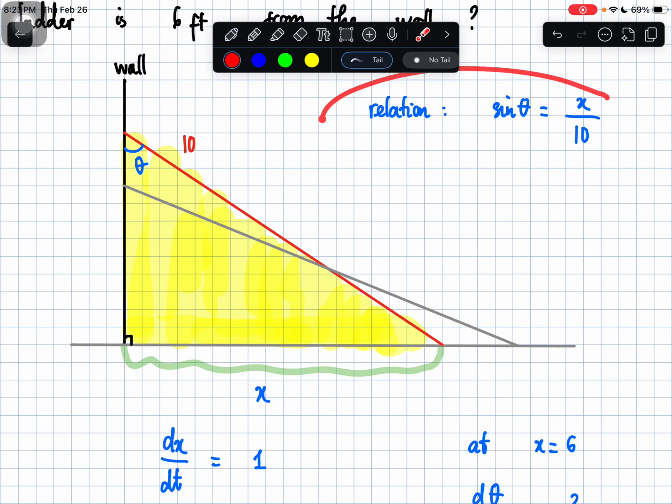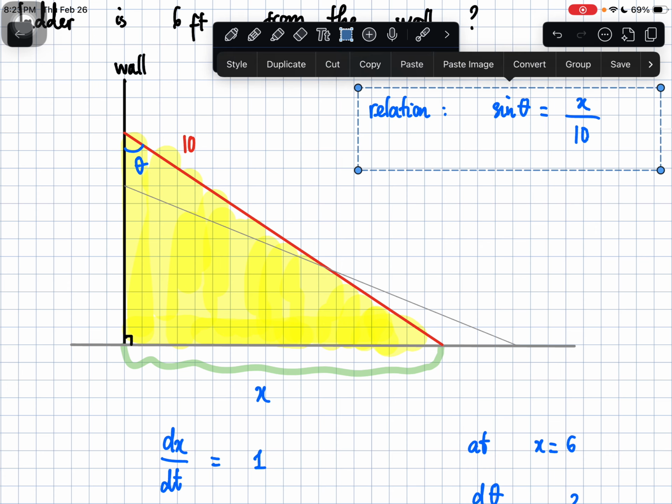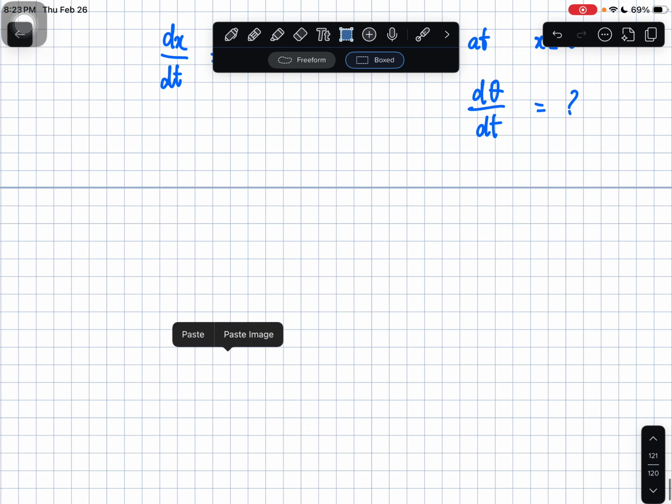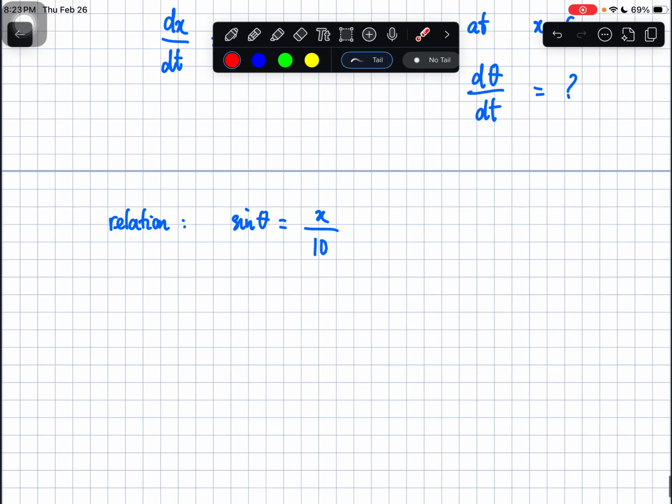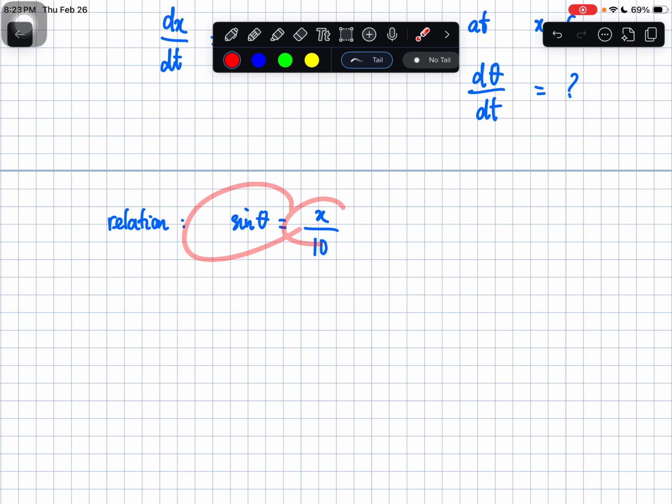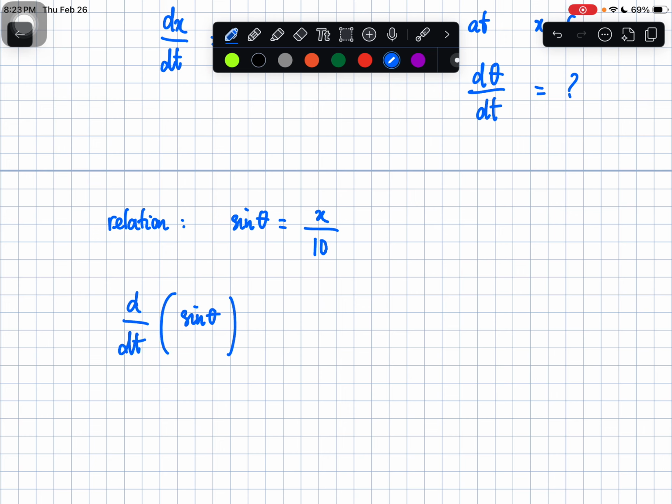So this is our relation. And all we need to do now is differentiate and then plug in the values they give us. x and theta are functions of t. Remember that. Differentiating both sides with respect to t, you have d over dt of sine theta equals d over dt of x over 10.